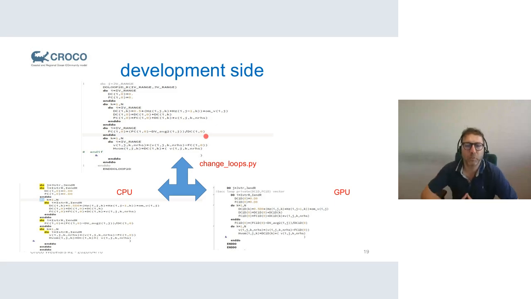The second change is more tricky. Again, with race conditions on the vertical parallelization, you have to invert the do k, do i loop into do i, do k. This is done with this directive.